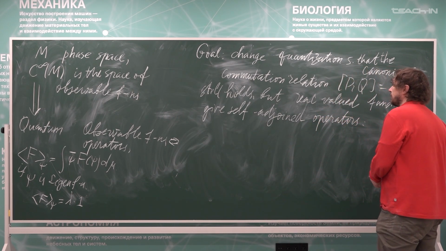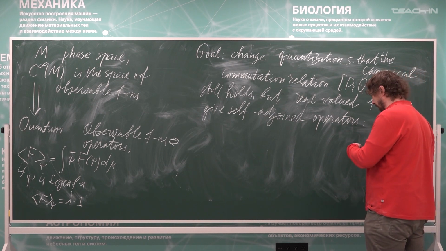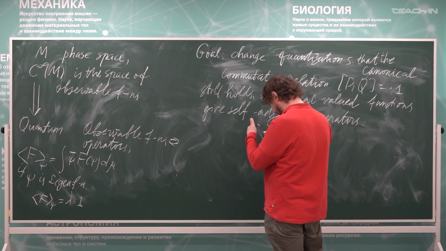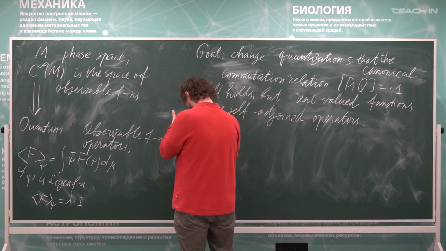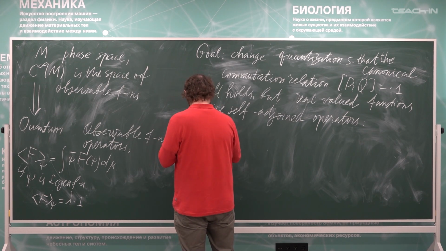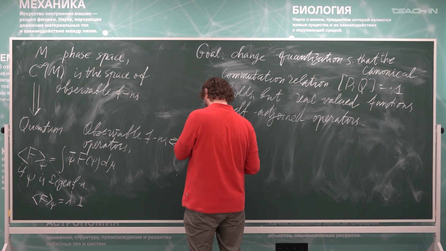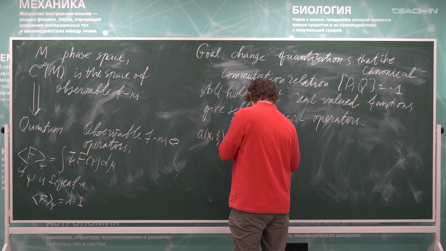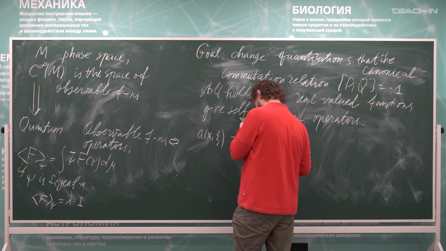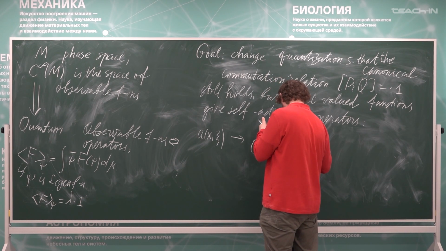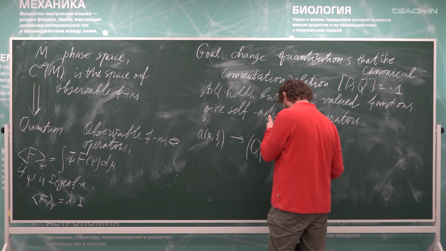So here is the formula which Hermann Weyl came up with. Instead of sending every function a of x, psi to the operator given by the formula which I've just erased, we'll send it to the operator op sub w of a, which we apply to the function u, and it comes up with the following formula.